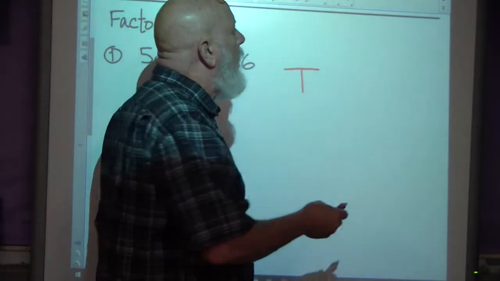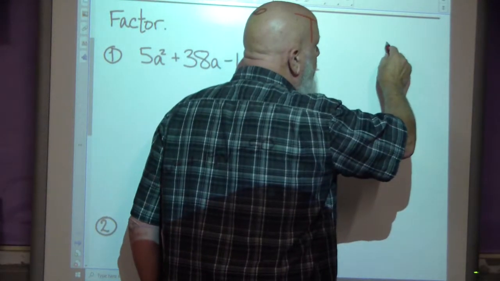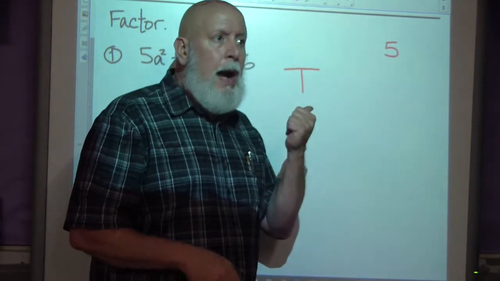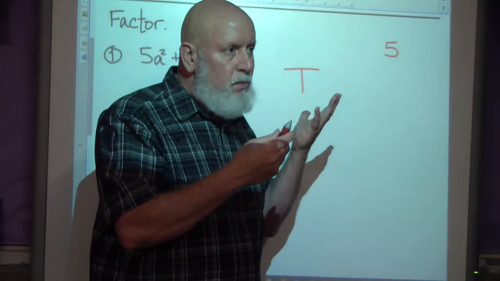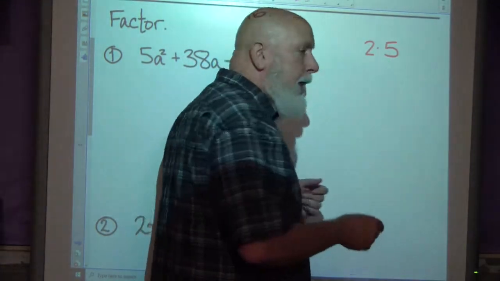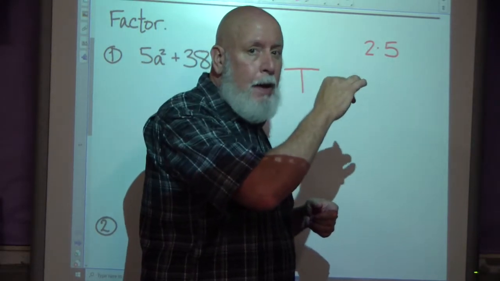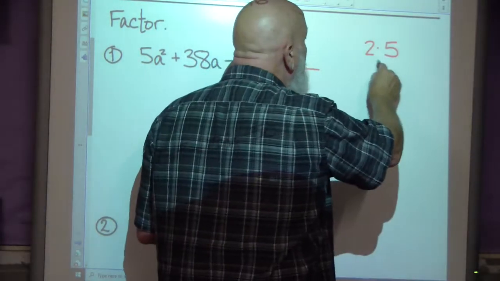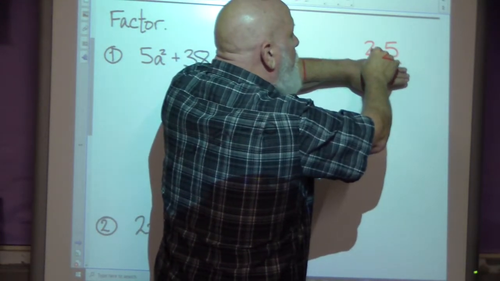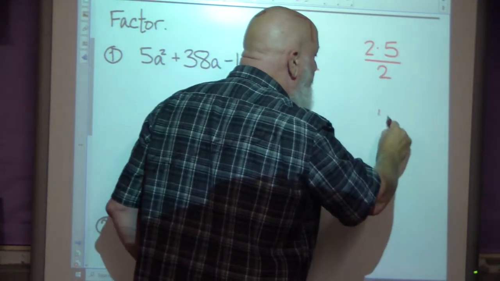If I start with the number 5, I just pulled that out of thin air. If I take 5 and I multiply it by some number, say I multiply it by 2, and then I turn around and divide that by 2, I'm right back to 5.